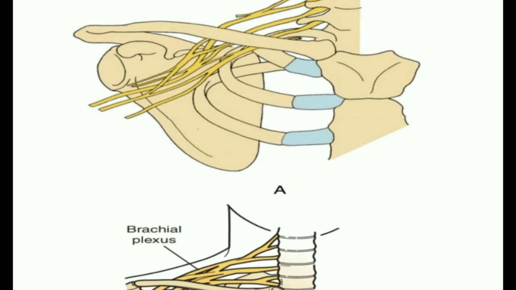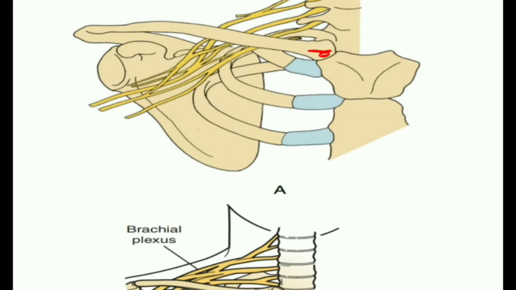Here we can see that the medial end of the clavicle is not completely articulating with the manubrium of the sternum. In fact, only the anterior inferior part of the medial end of the clavicle is articulated.